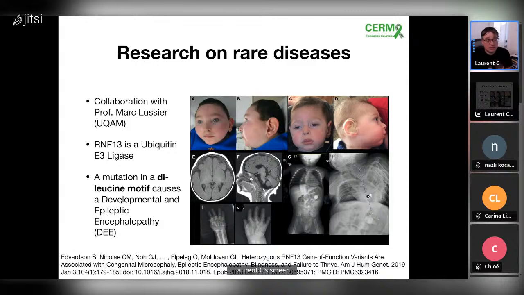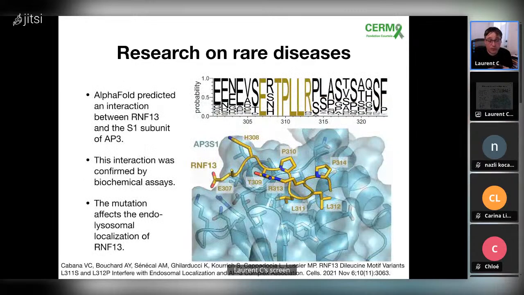So what we did is we looked for interactors of the RNF13 protein, and we were able to find one protein, AP3S1. It's a member of a protein complex involved in the endolysosomal transport of proteins.